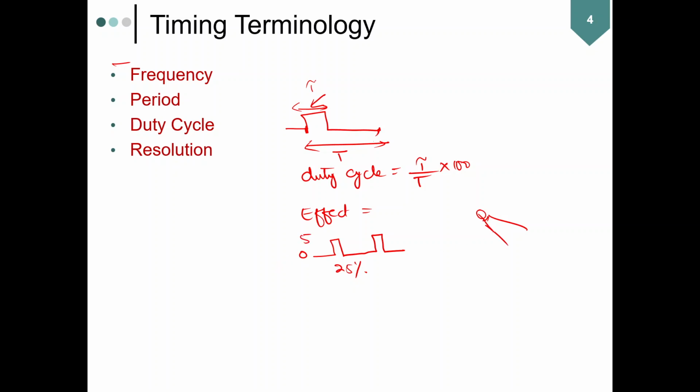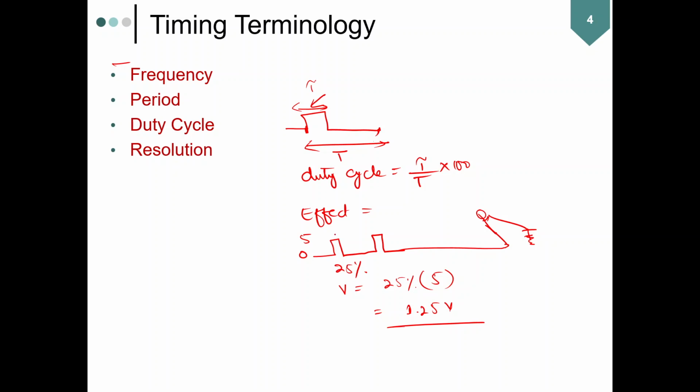If you give such a signal to this LED and the other end is grounded, then it is receiving electrical energy only for 25% of the time. So in terms of voltage, we could say that it is receiving 25% of the peak voltage. So V is equal to 25% of 5 volts, which is 1.25 volts on average. So the average impact is 1.25 volts.